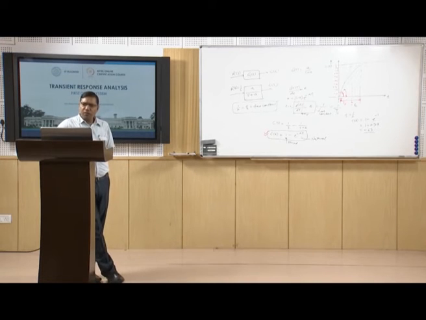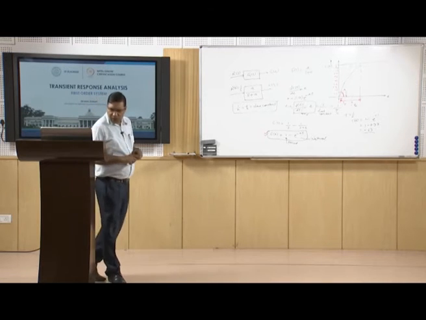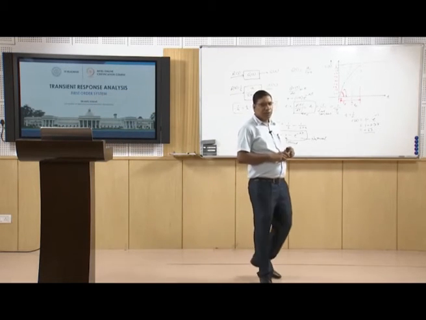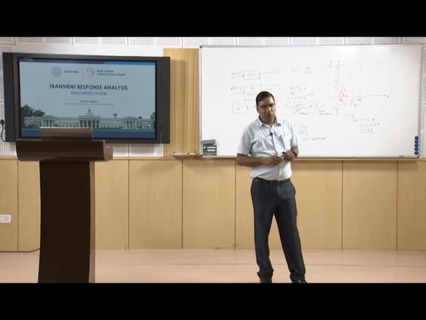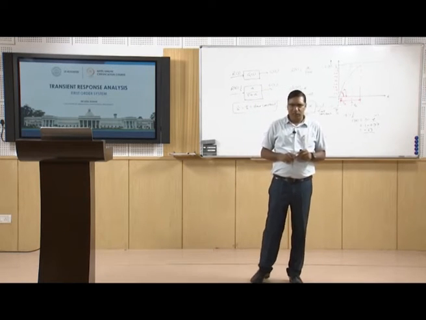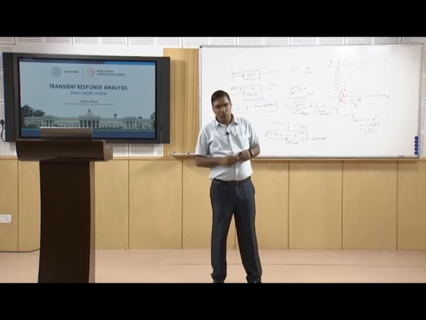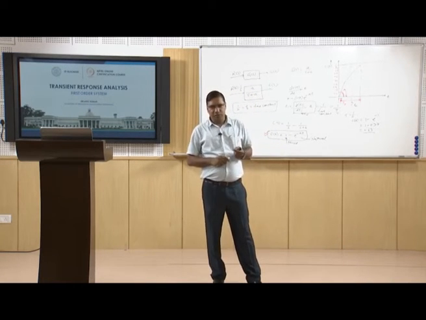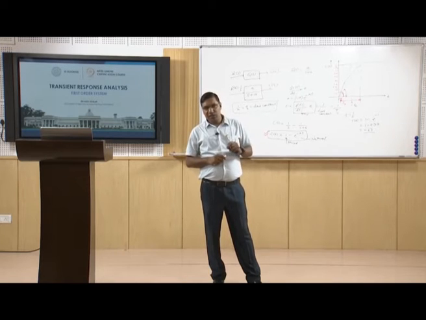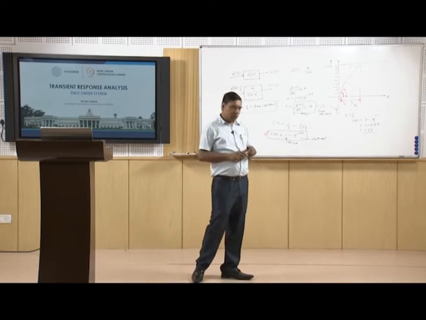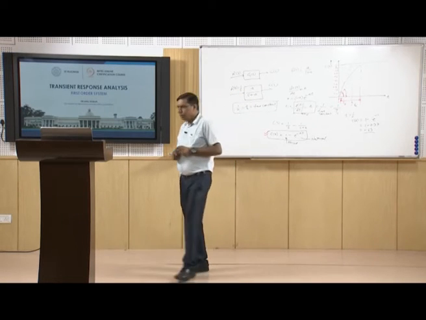Now, another one is settling time. Settling time means the time when the response reaches and stays within 2% of its final value. So, when the response reaches 98% and stays within 2% of its final value, that is the settling time.